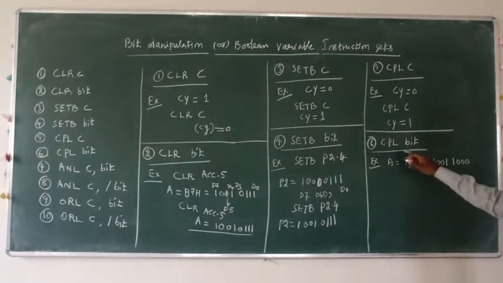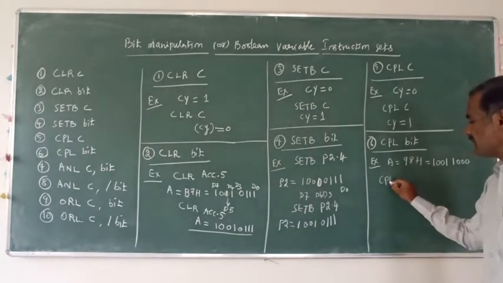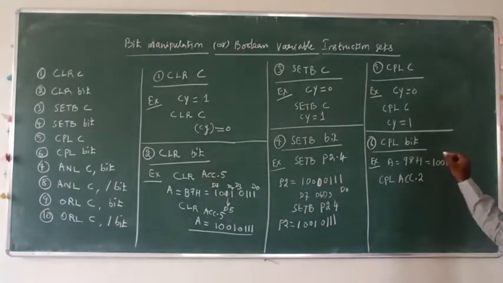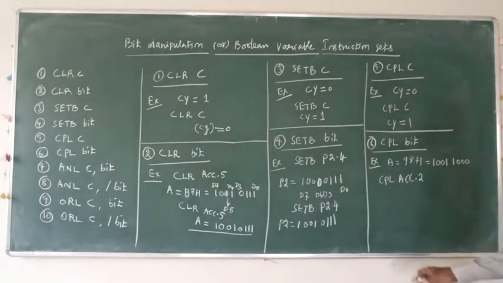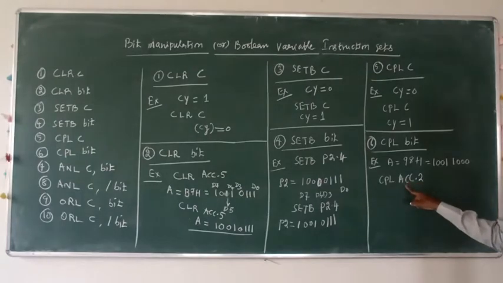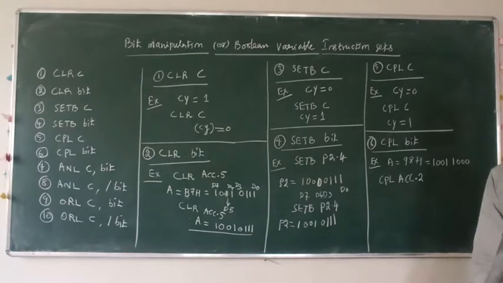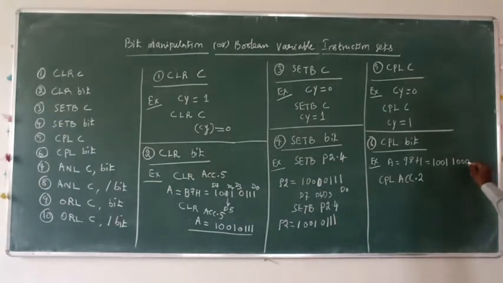And CPL ACC.2 means complement the accumulator's second bit. This is bit 0, this is the first bit, this is the second bit.